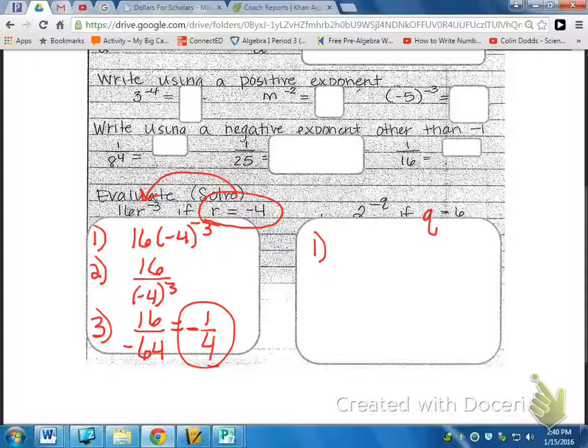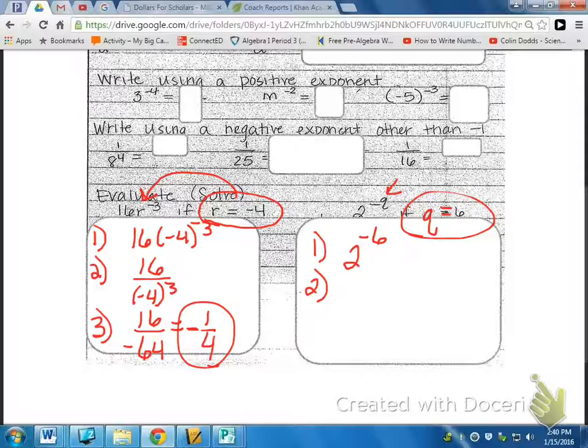Put q equals 6 right over here, in the problem. 2 to the negative 6. Okay, that's the first thing, and then the second thing, change the exponent to positive. How are you going to do that?